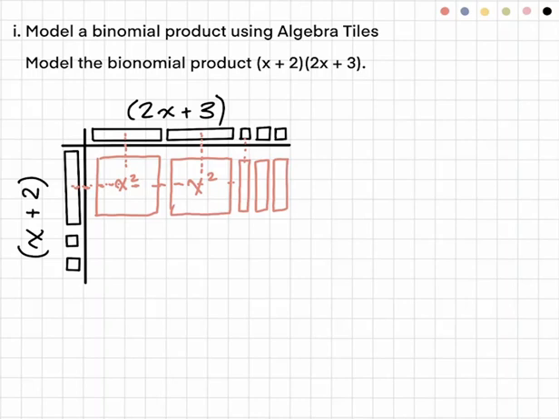Now let's go to the top. So I've got x times 1 again here, so that's going to be x.